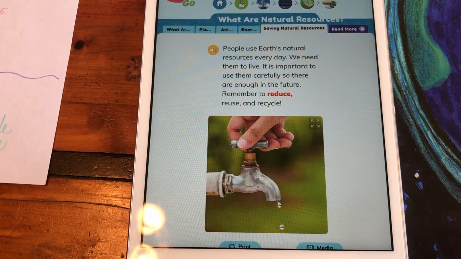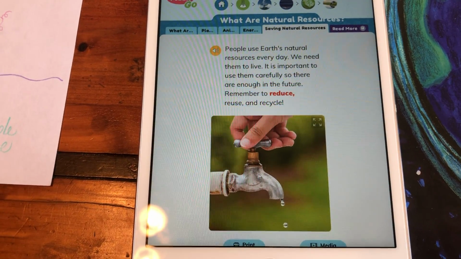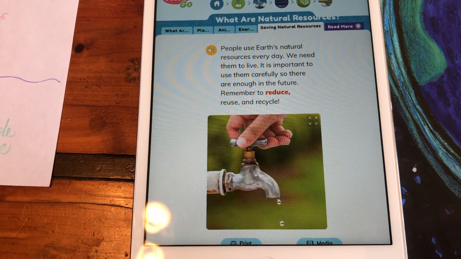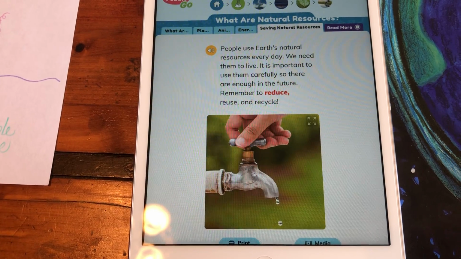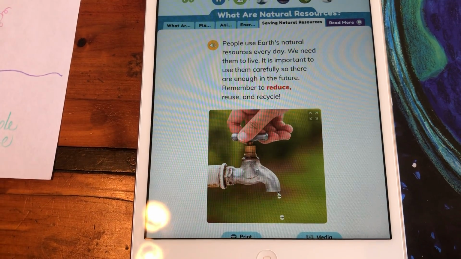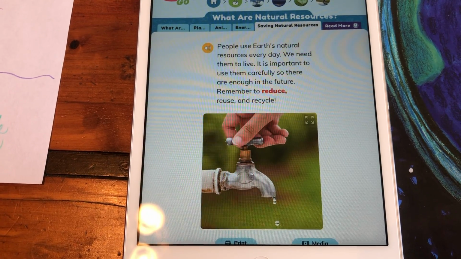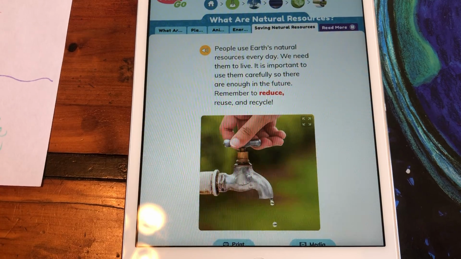Saving natural resources. This is an important one. Now that we know what natural resources are, it is so important that we work hard to save our natural resources and take care of our earth. This page says people use Earth's natural resources every day. We need them to live.